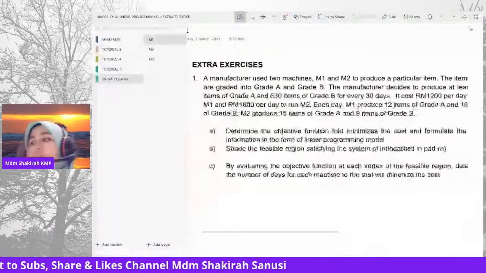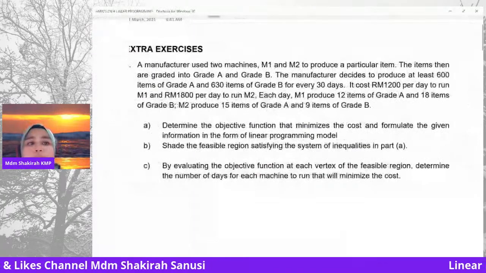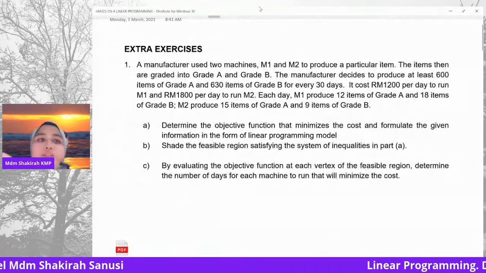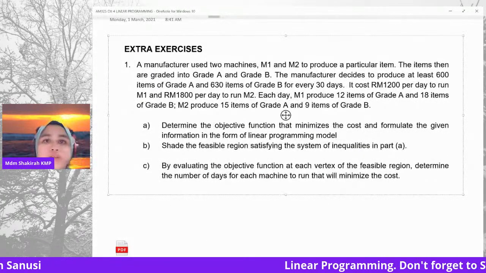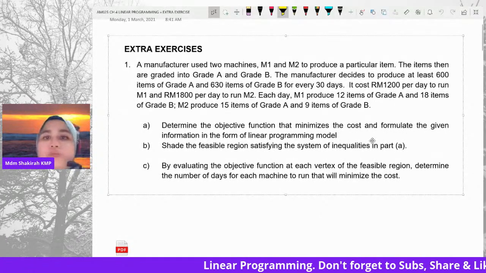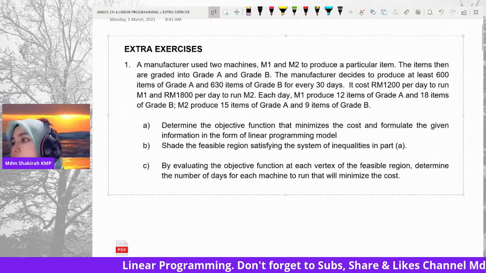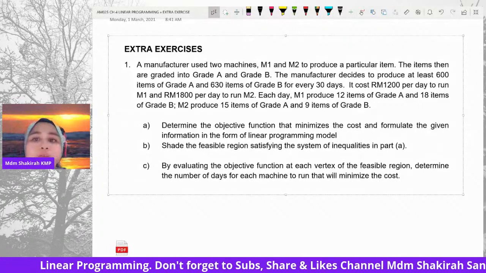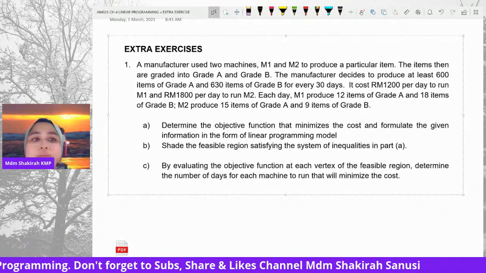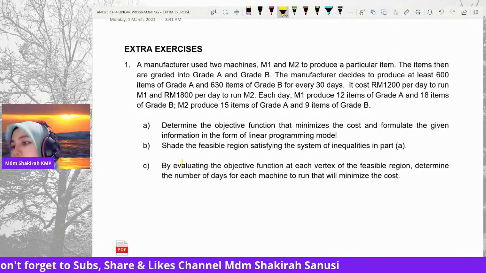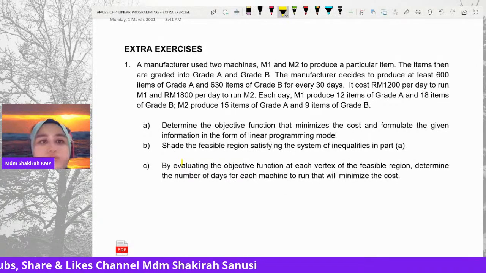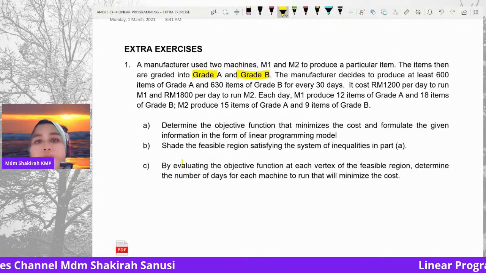Okay, mesti complete. A manufacturer has used two machines, M1 and M2, to produce a particular item. The items are graded into grade A and grade B. Okay, kita ada grade A, kita ada grade B, kita ada dua produk.